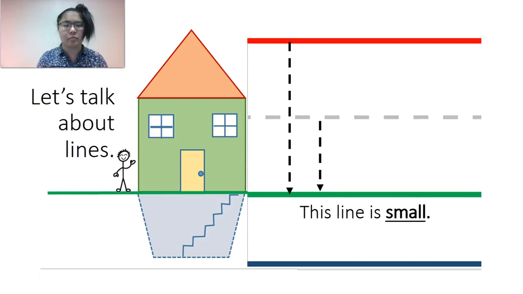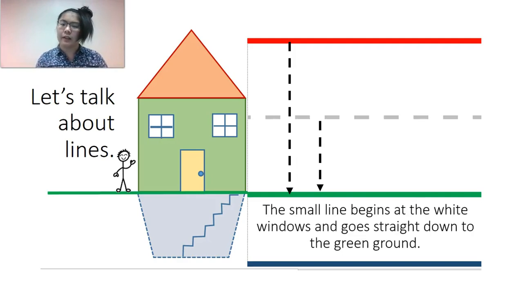And this line is small. The small line begins at the white windows. Do you see the white windows and the line that represents the white windows? So the small line begins at the white windows and goes straight down to the green ground.